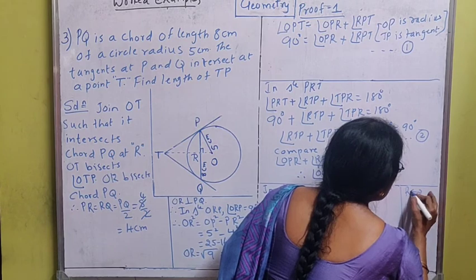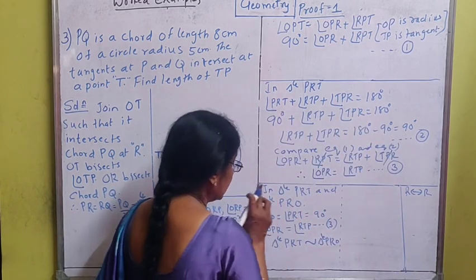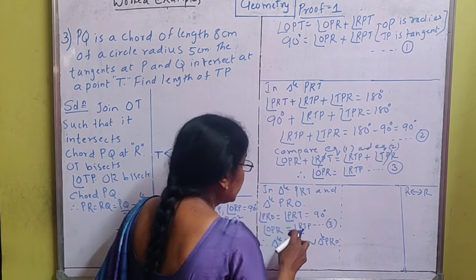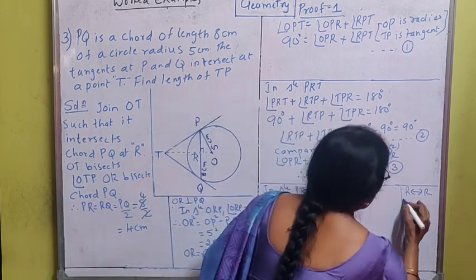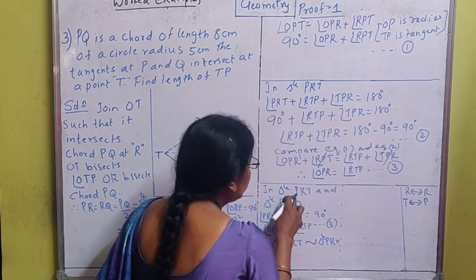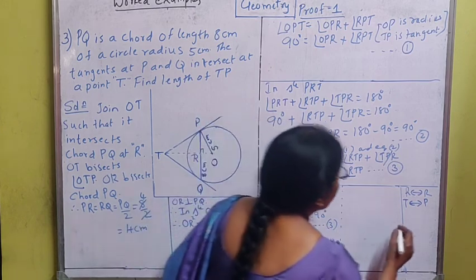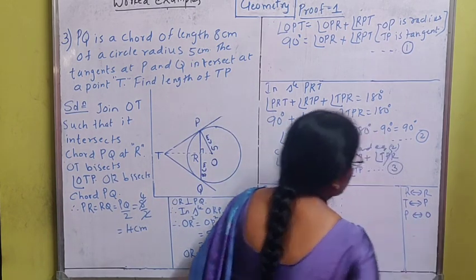So in PRT, R corresponds to R. Then in PRT, the T corresponds to P. So T corresponds to P. So what is left out here? P is left out, and here O is left out. So P corresponds to O.